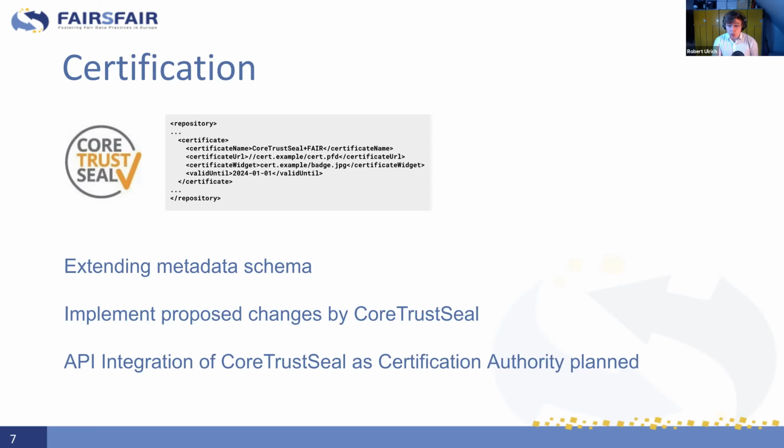And we would also like to integrate Core Trust Seal as a certification authority for the Core Trust Seal tag, so that you also know that the information within the registry is provided by the authority that actually does the certification of the repository.